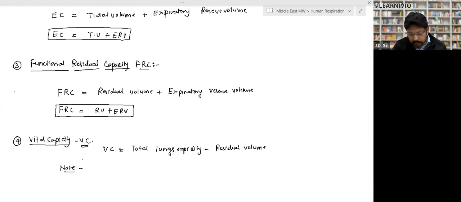The VC varies from 3400 ml to 4800 ml, depending on age, sex, and volume. Right?